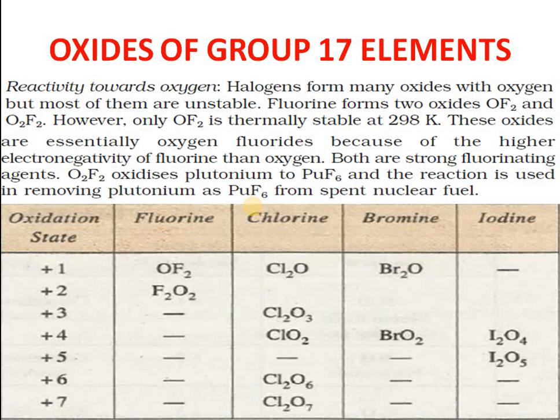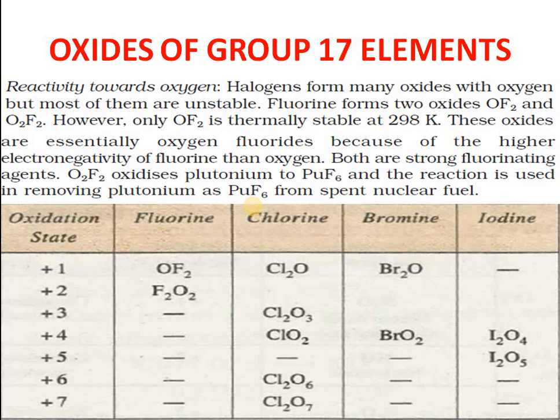Actually, reduction potential does not depend on only one factor. Reduction potential depends on 3 factors basically: it depends on the ionization energy, the lattice energy, the electron affinity, and the hydration energy.